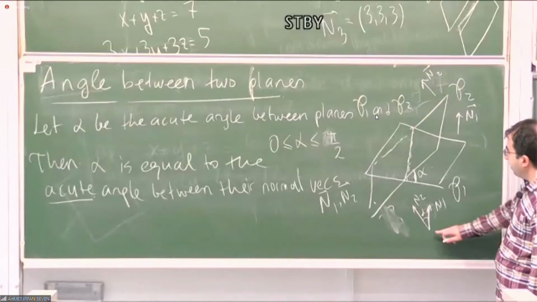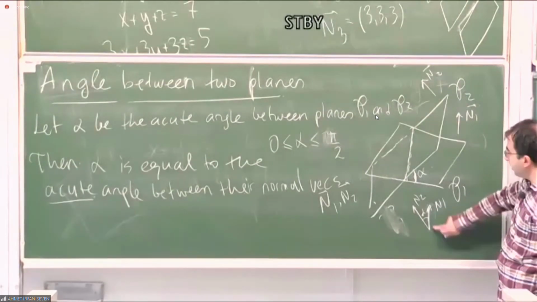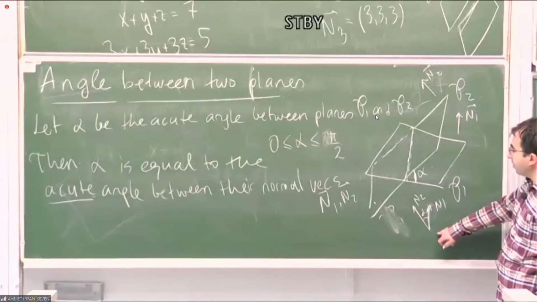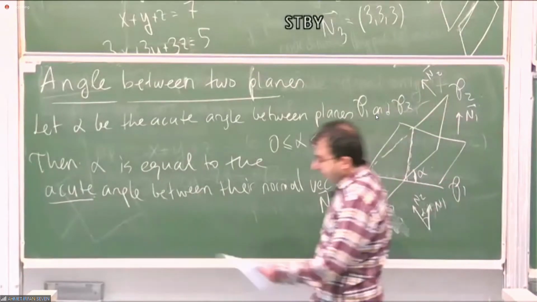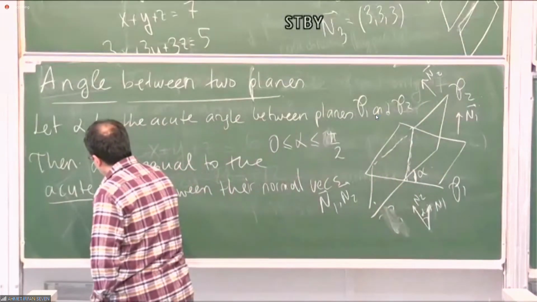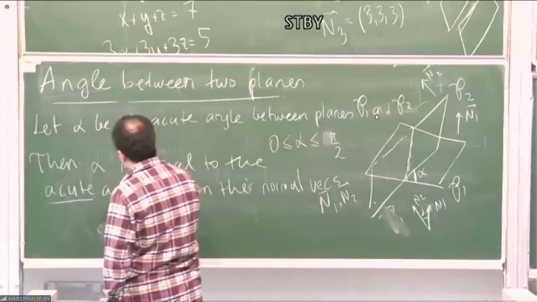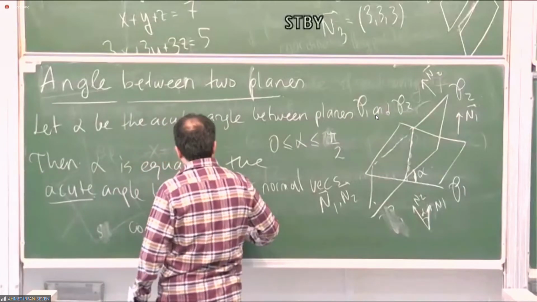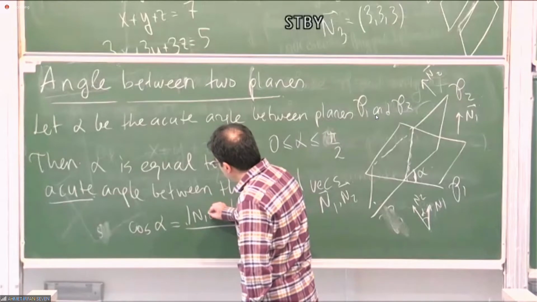Normally, n2 could have been in the other direction as well, but then this angle will not be an acute angle. It will be pi minus alpha. So we will take this alpha again. Okay, so cosine alpha will be the absolute value of the angle between N1 and N2.